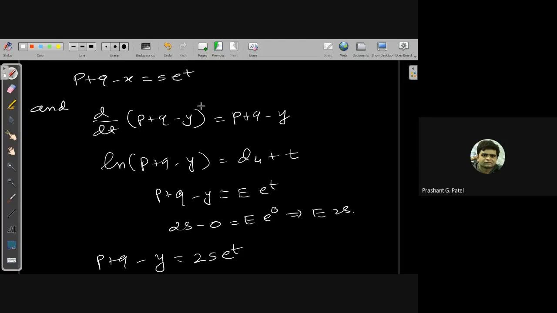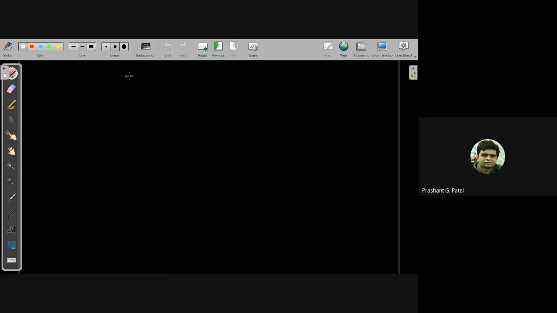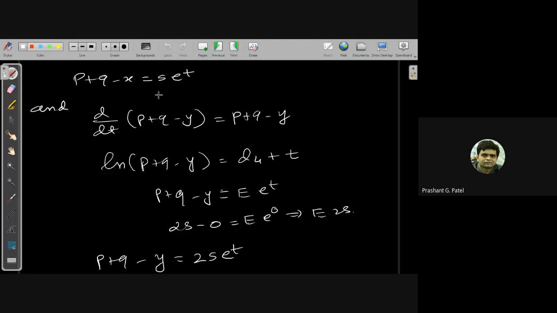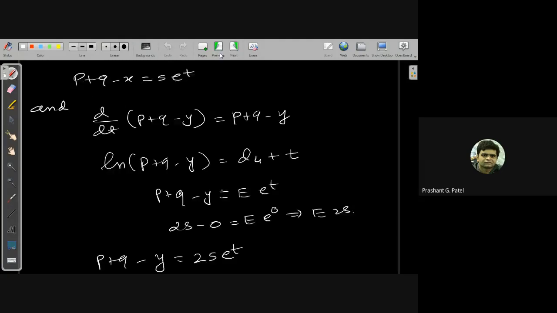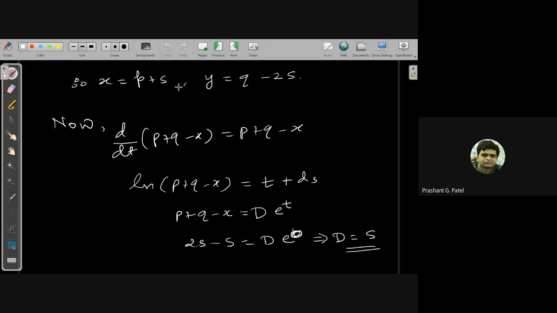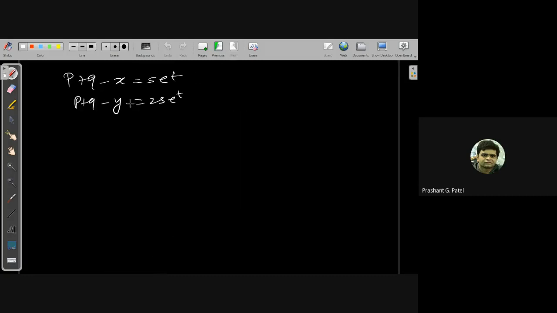Okay, so let me write down what we got here. How many equations did we get? p + q − x = s e^t, and p + q − y = 2s e^t. The other two equations are x = p + s and y = q − 2s.